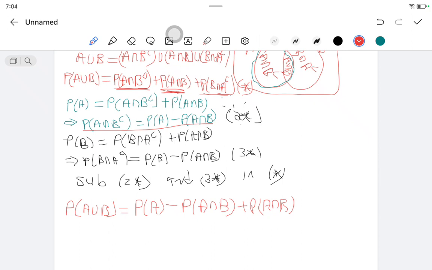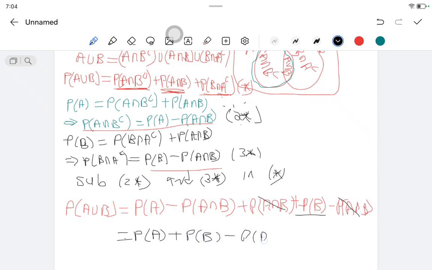Then for this one I substitute plus the probability of B minus the probability of A and B. What I've realized is that this and this are going to cancel out. So we are left with the probability of A plus the probability of B minus the probability of A and B.